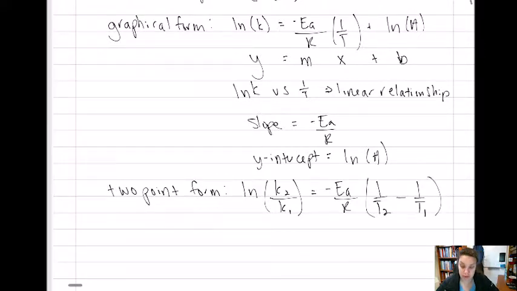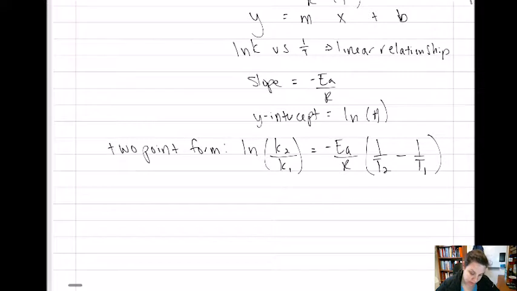So if you know the rate constant for a specific temperature and the activation energy, you can determine the rate constant at a different temperature, or if you know the rate constant at 2 different temperatures, then you can figure out your activation energy.